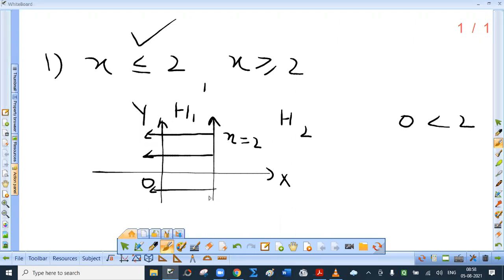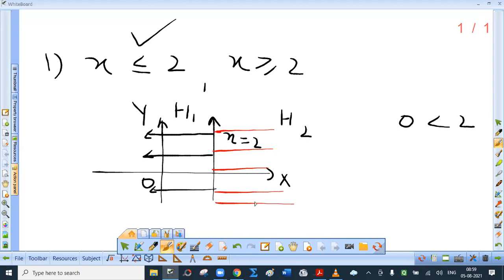Note that arrows initiate from the line. Why? Because we are not drawing graph of an inequation x less than 2. It is less than or equal to 2. And therefore, every point on the line x equal to 2 is part of the solution. I hope this is clear to you. And similarly, what about graph of x greater than or equal to 2? For that, I can say that this is the graph.